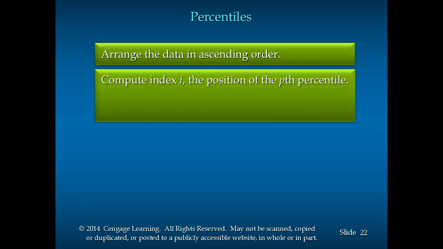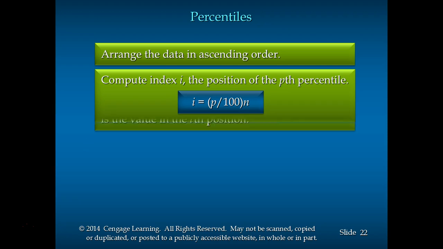How do you compute it? Again, arrange it in ascending order. Then compute the index, I. This is the position of the pth percentile, the position. Okay? So I equals P, the percentile you're interested in, divided by 100 times N, which is the total number of data points.